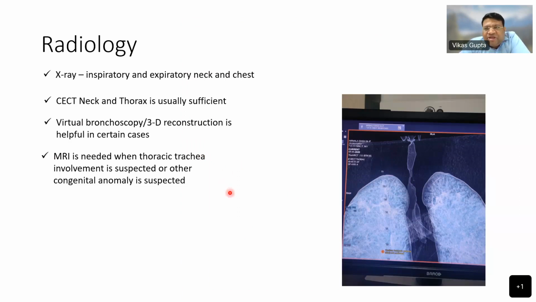Or if we are thinking of some congenital anomalies, then MRIs are added in addition to the CT scans. And in a few cases, you can do a virtual bronchoscopy, which is actually a 3D reconstruction of the airway.